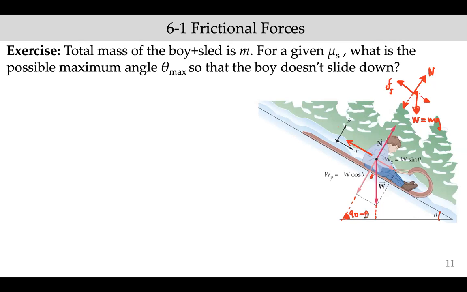So this should be 90 minus theta. And because this is 90 degrees here, if this is 90 minus theta, then this angle should be theta as well. You have to do this once on your own to figure out that this is theta here. And if this is theta, then this one would be mg times cosine theta, right? Mg cosine theta. And this one should be mg sine theta.